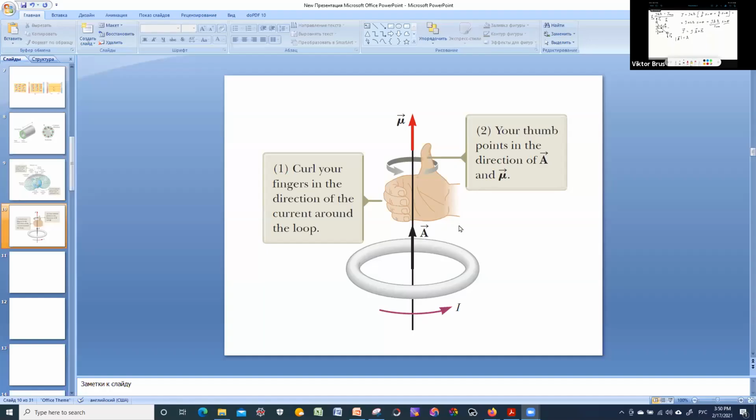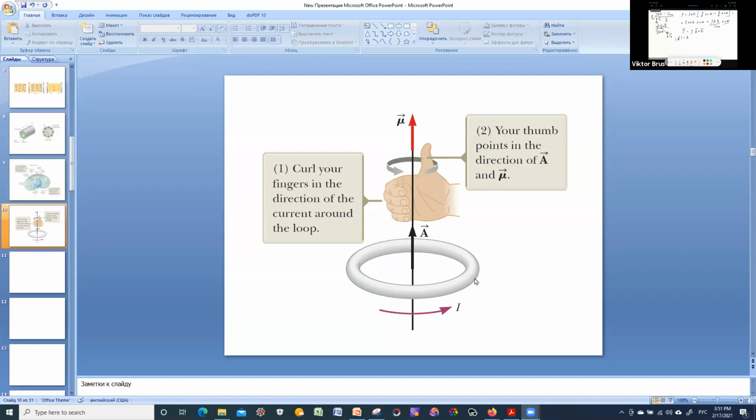Yeah, so if we curl our four fingers of the right hand in the direction of electric current in the loop, then the thumb will show us the direction of vector A. So it is always perpendicular to the plane of the loop.